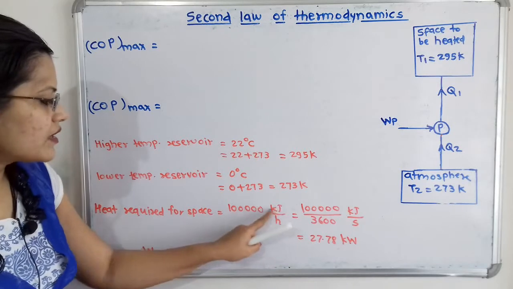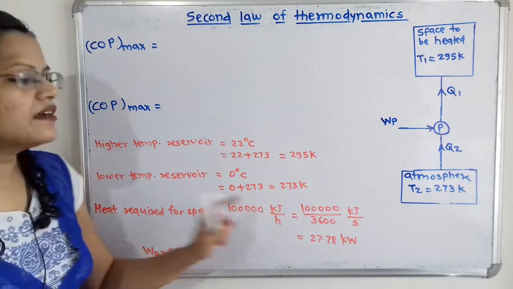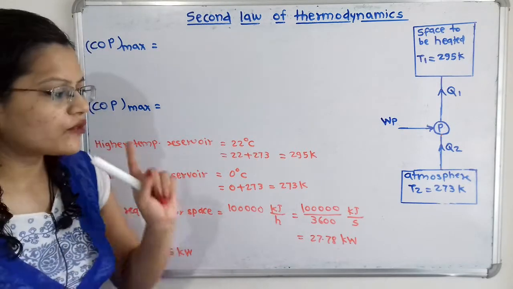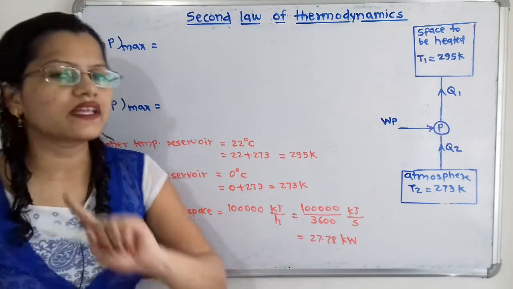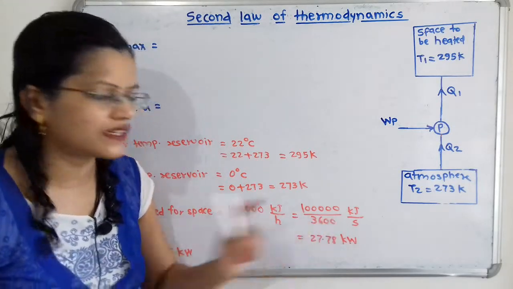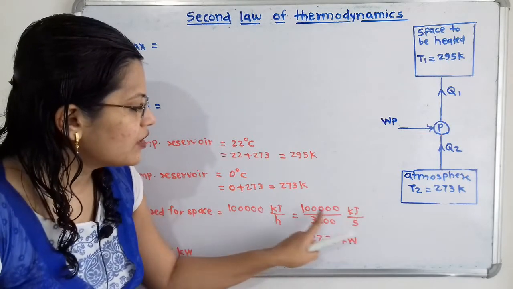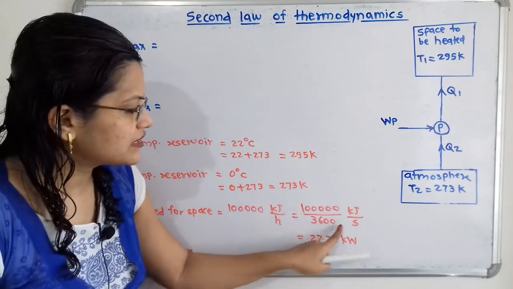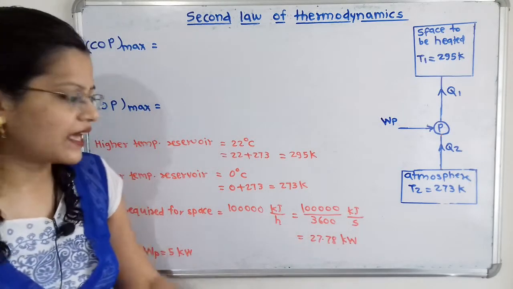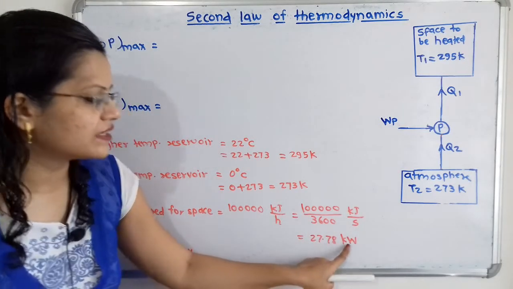In 1 hour, this is the heat in kilojoule. In 1 hour there are a total of 3600 seconds, so we divide 1 lakh by 3600 kilojoule per second, and that is equal to 27.78 kilowatt.